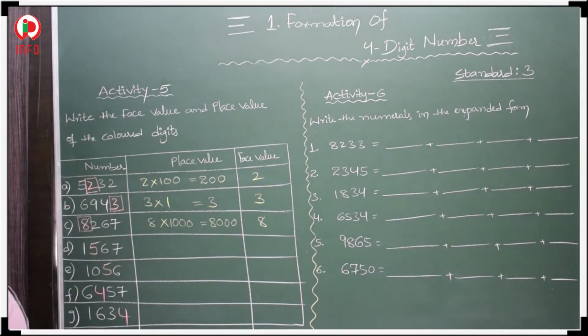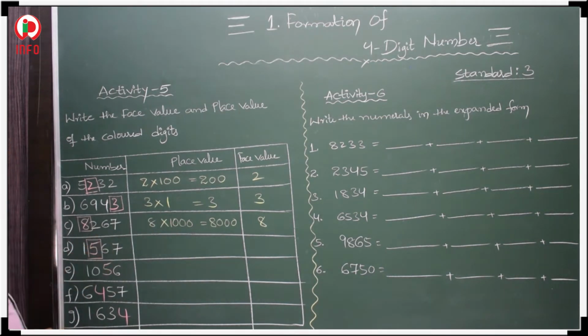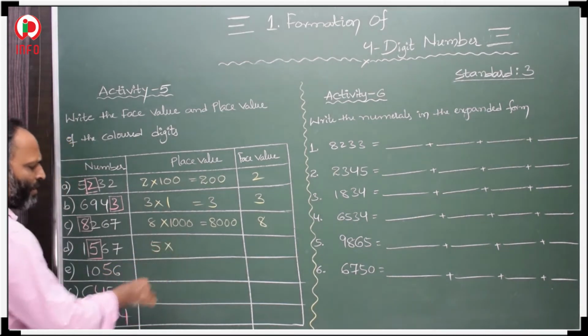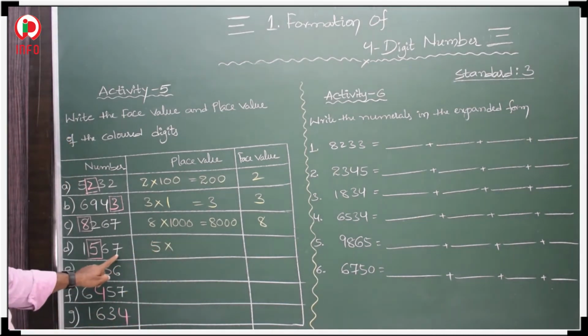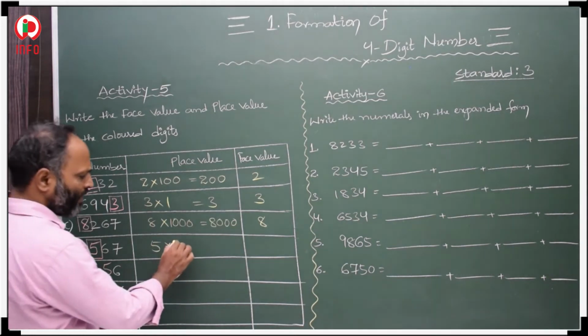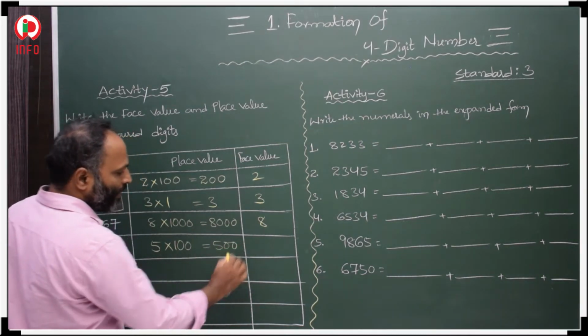Next, here the digit is 5. First we take 5 into its place. Ones, tens, 100. It is in the hundreds place, so we multiply with 100. 5 into 100 is 500.